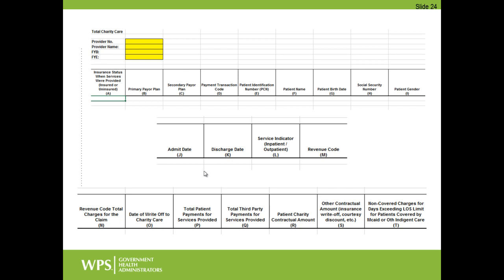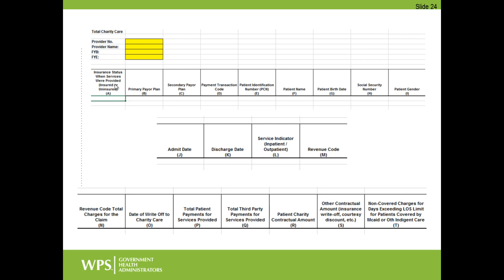So I'm going to go through the different columns of this template to try to explain what this information is. Now, in the template you would have received, it would have been an Excel spreadsheet, so all the columns would be in just one row. I've just broken it up to show them all on one slide. So they do go left to right across.